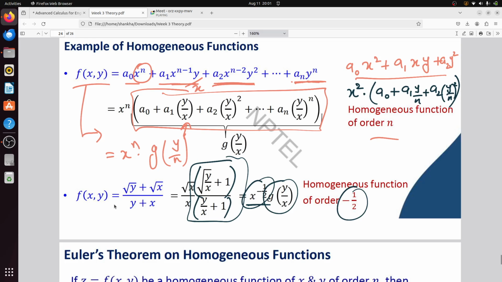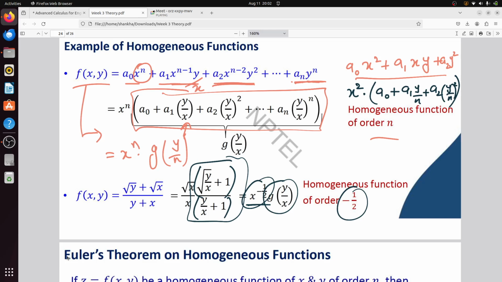So if you are asked for x square del 2z del x square plus 2xy del 2z del x del y plus y square del 2z del y square at the point (1, 2), and you try to solve from here with the second derivatives and then the mixed derivative with respect to y, your life is going to be miserable. If you know Euler's homogeneous theorem, you can just use n into n minus 1 into z. Am I clear?